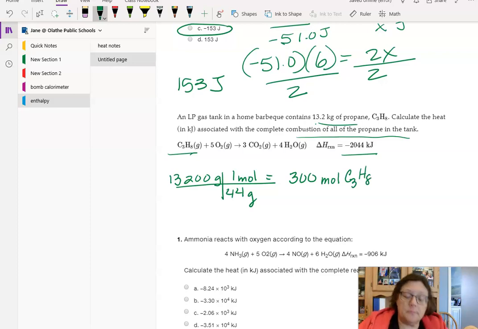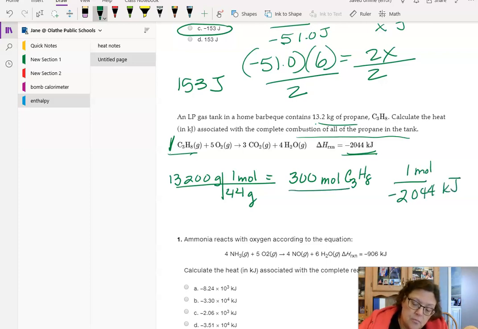Now, what did our problem tell us? 1 mole, we know it's 1 because there's nothing in front of it, makes 2,044 kilojoules. All right, so if we have 1 mole, we create 2044 kilojoules. 300 moles is going to make X number of kilojoules. And we cross multiply.